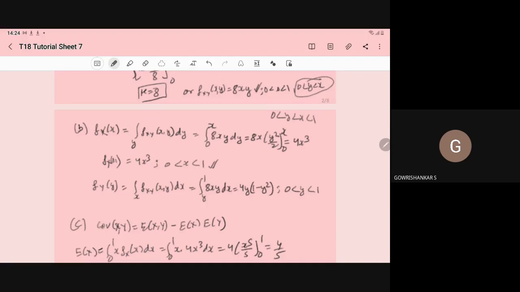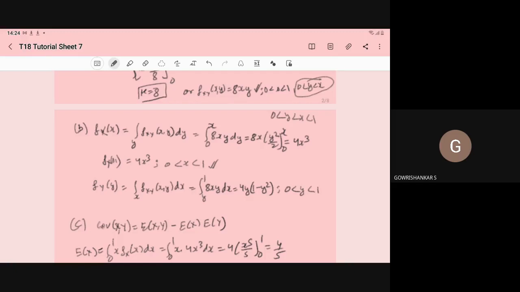So here we have the 8y, right? 8y you take as it is, then we have the x. So it will become 4y into 1 minus y square. Clear?